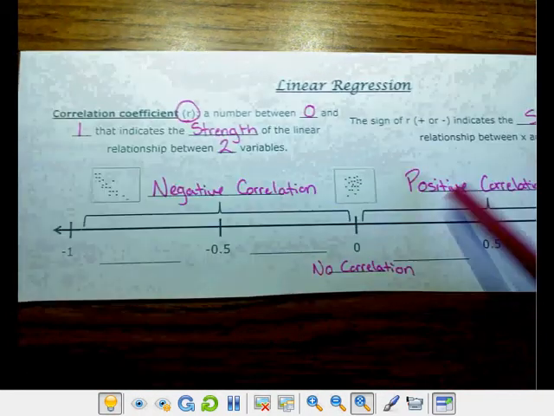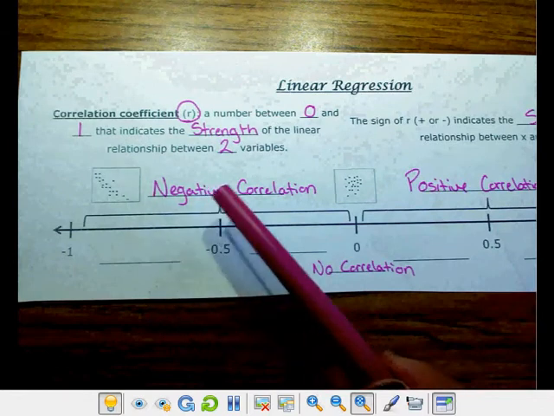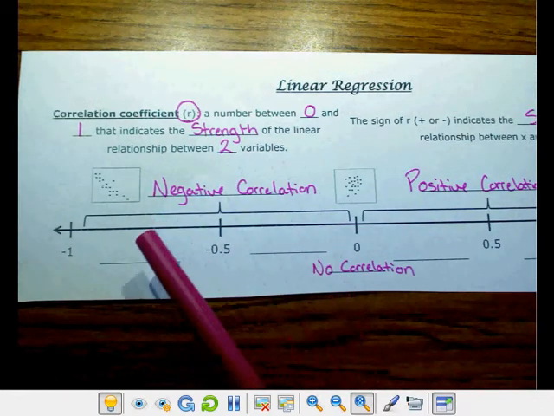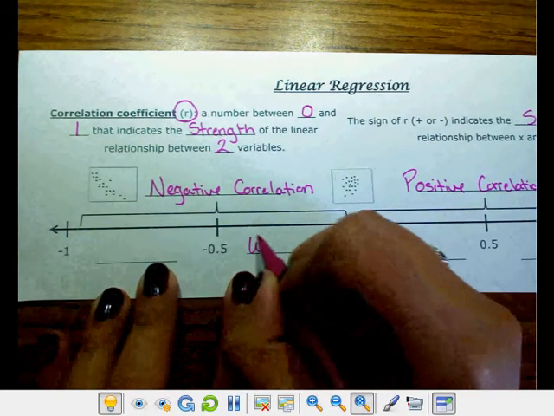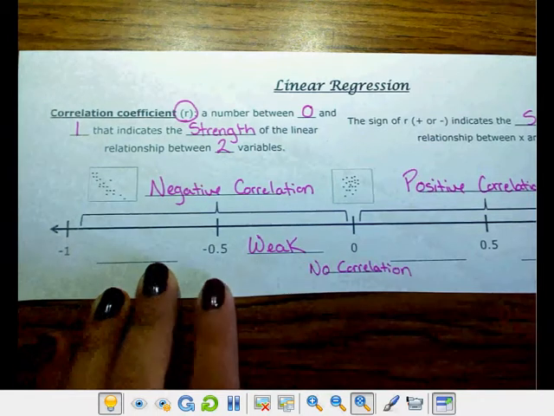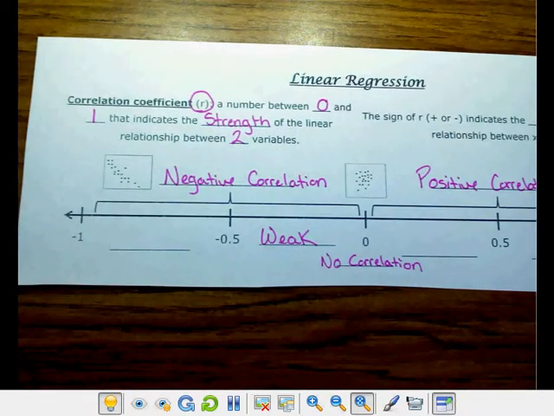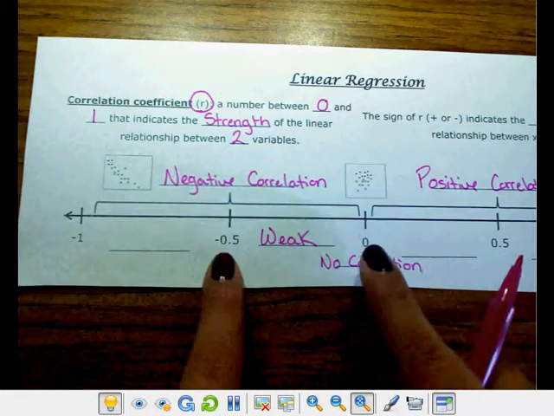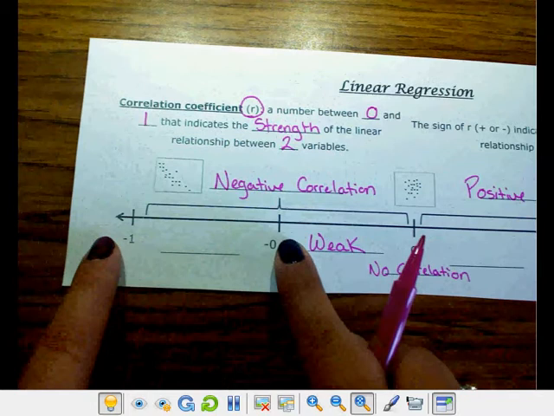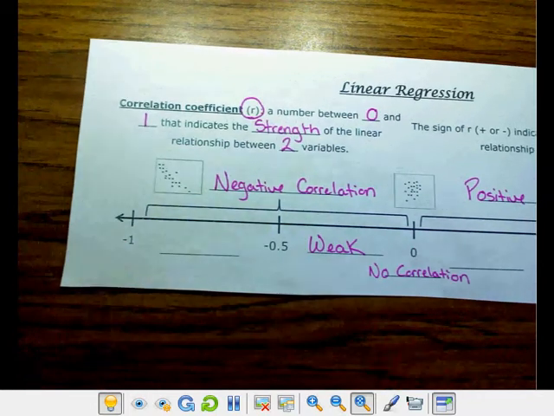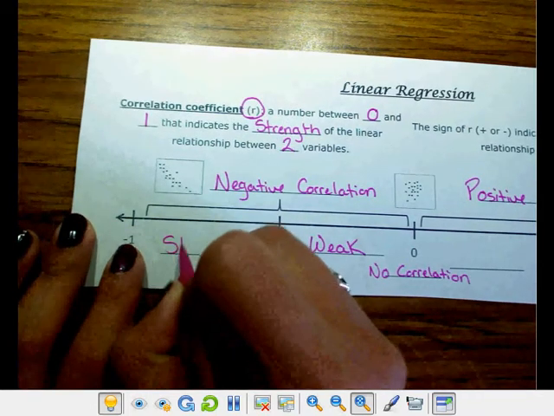Okay? All right, so now let's talk about the type. So if I'm negative, there's either going to be a weak or strong correlation. If it is close to 0, it's going to be weak, just here, from 0 to negative half. If it's bigger than a half or closer to 1, it's going to be strong.